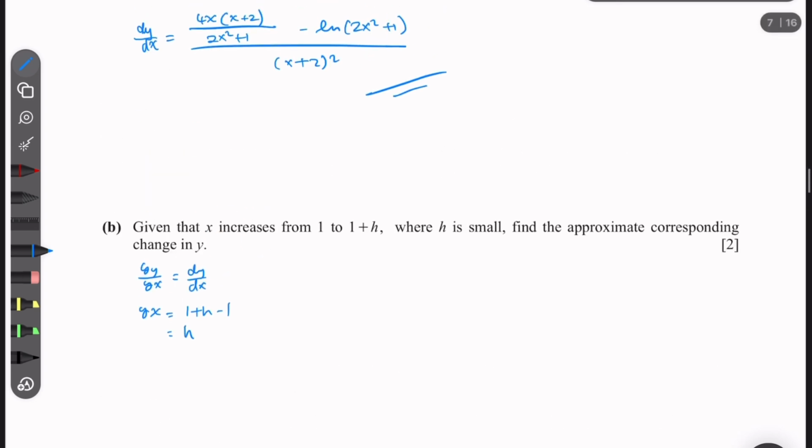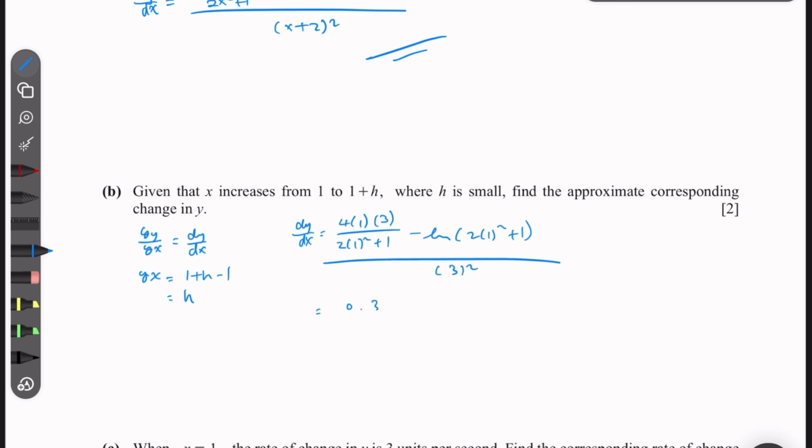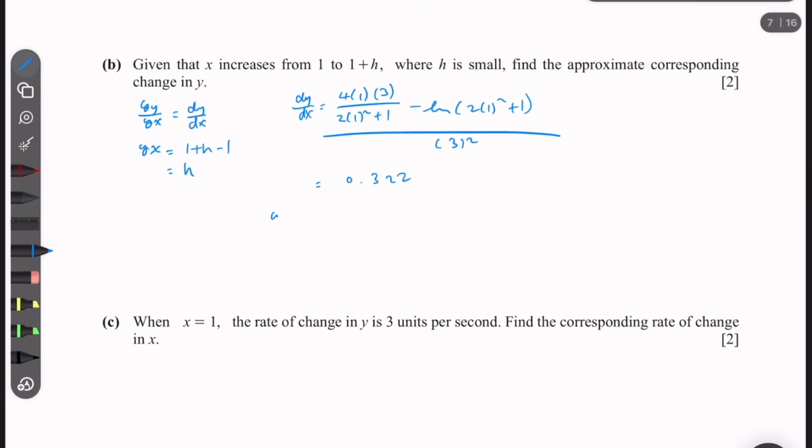And then we have dy dx from the previous equation, and we can just substitute 1 into this to get the dy dx value. Then it should be 0.322. And then to find the change in y is dy dx times delta x. So it will be 0.322h.